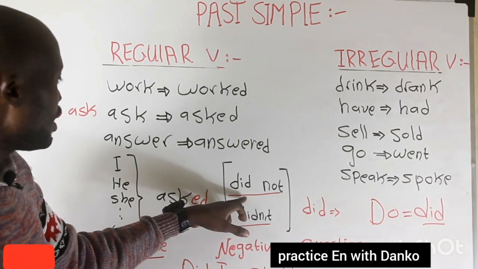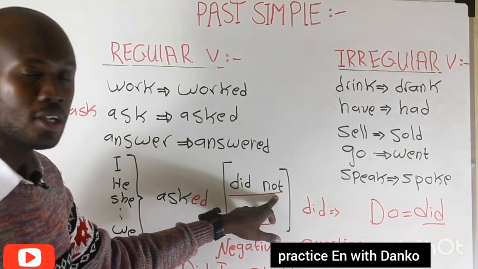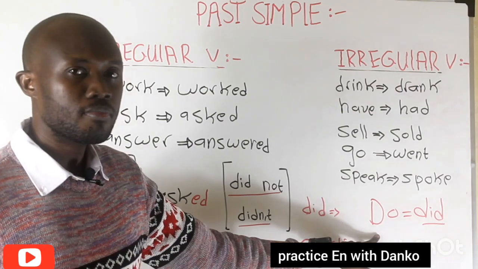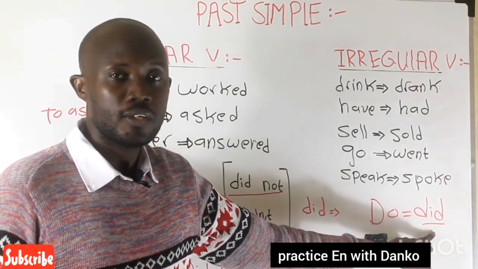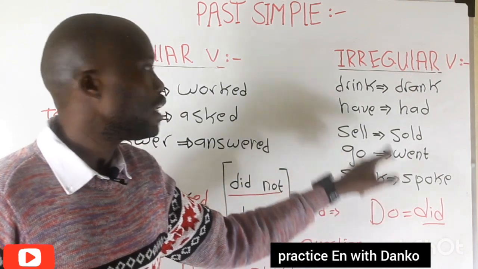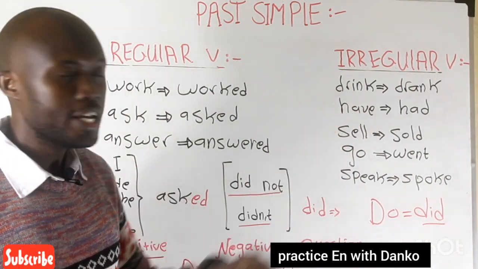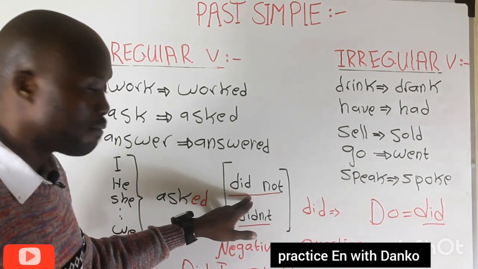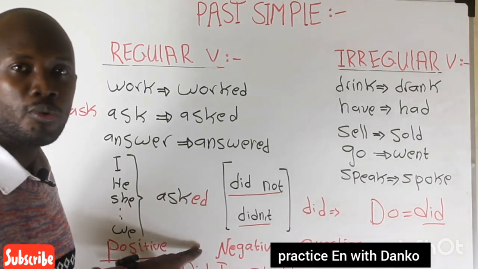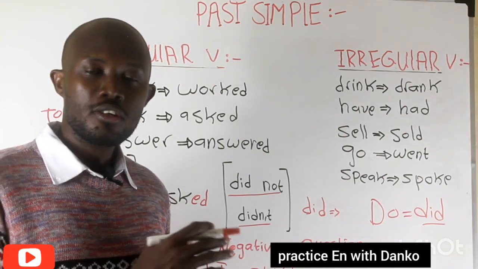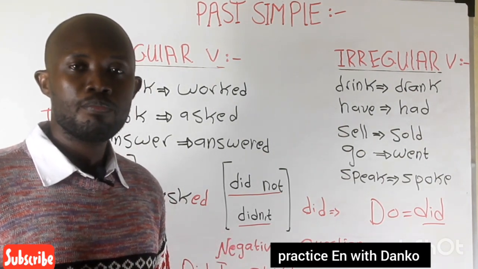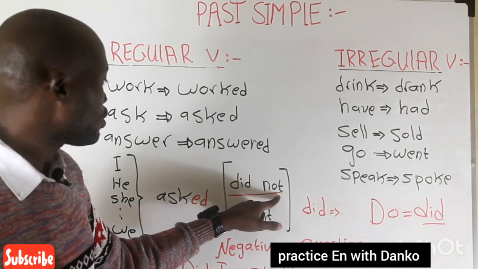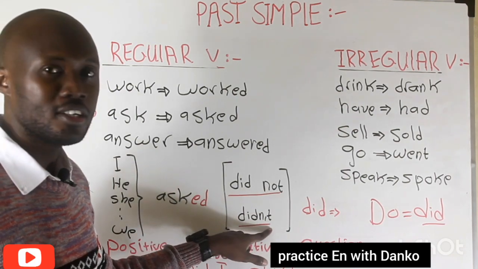So as you see here, did not. Okay, it is do. In the past it became did, because did is an irregular verb. Okay, so when we need to use a negative form, we need an auxiliary verb, our helping verb, to make the negative form. So did not or didn't.